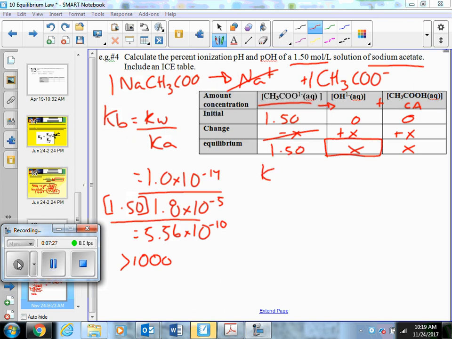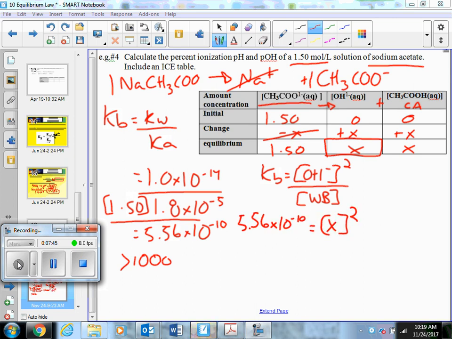So if we set up the Kb expression, we have OH squared divided by concentration of the weak base. Our Kb is 5.56 times 10 to the minus 10, equals x squared over 1.50.